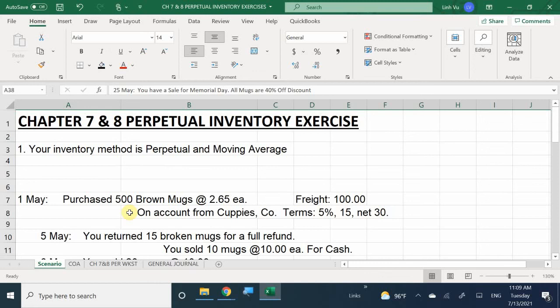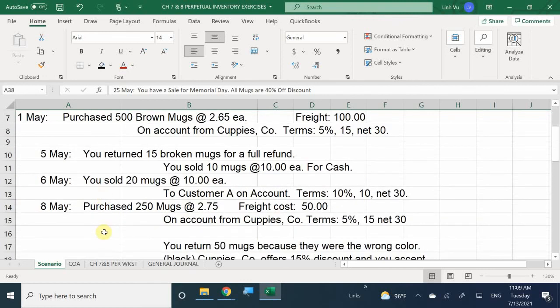But we did fall within 30 days, so we're paying it on May 30th. So that is true. What about the May 8th purchase? Did I make my discount period here? I don't think so. No, because 15 days from the 8th should be the 22nd. In this case, no, we missed it once again.